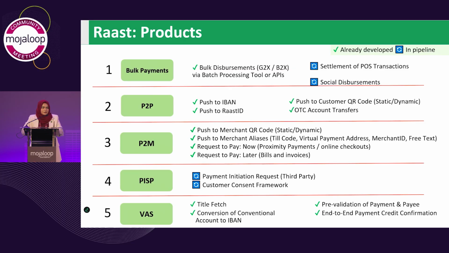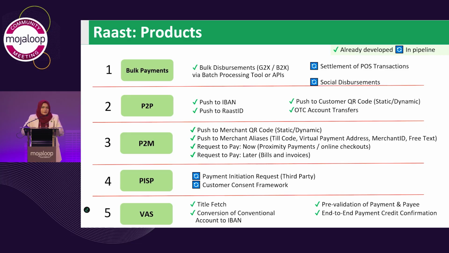It gets paid and it gets finalized in the system. Then there is request to pay later. It's for the invoices which may span for days, for example, your utility bill payments or any other type of invoices. So that is request to pay later. That is also available in the RAAST P2M suite. Then we are very actively working towards third-party payment initiation.